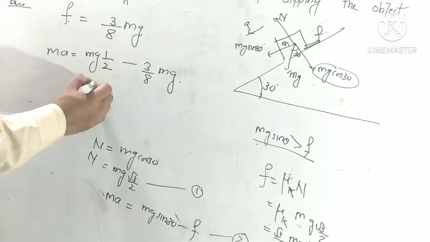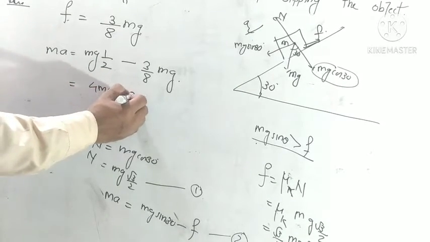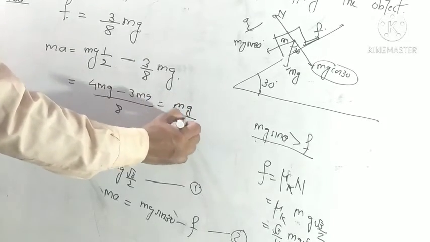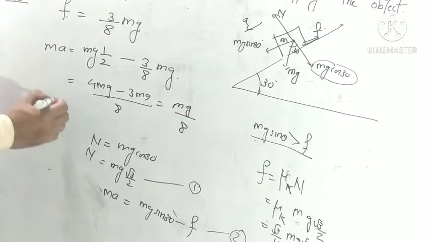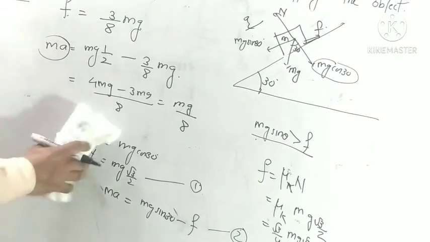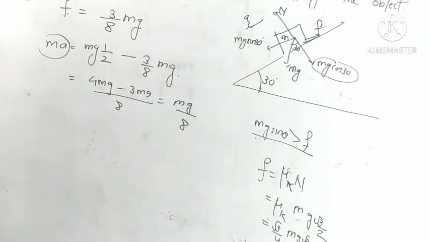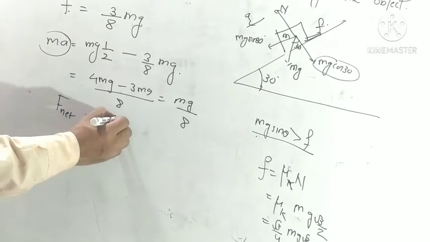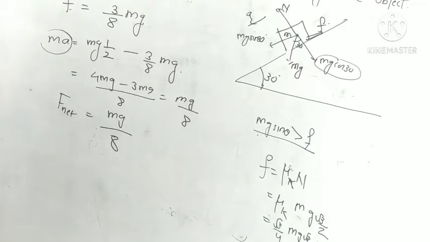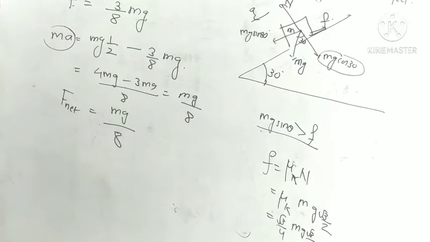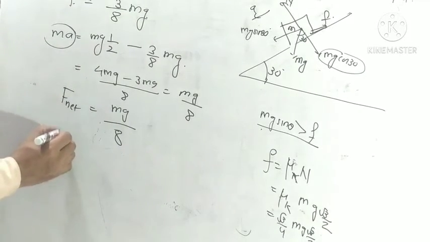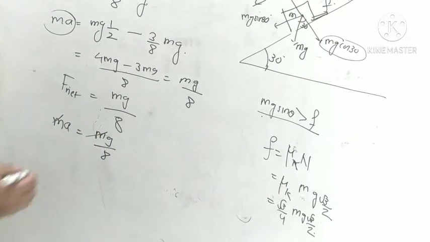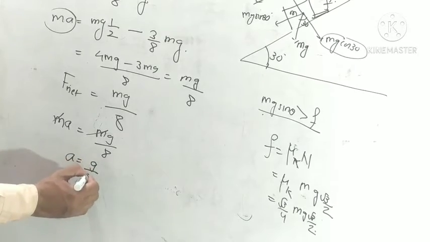So finally 4 mg minus 3 mg upon 8 is equal to mg upon 8. So F net, that is ma, represents the net force working on this body. F net is equal to mg upon 8, and F net is equal to ma. m and m will cancel each other, so acceleration is equal to g upon 8.